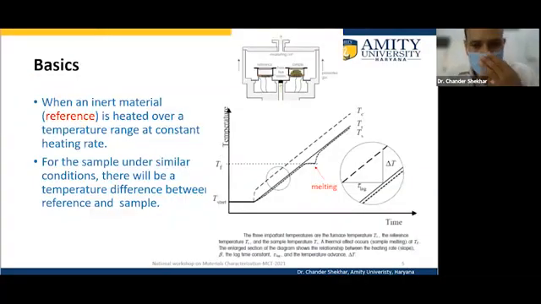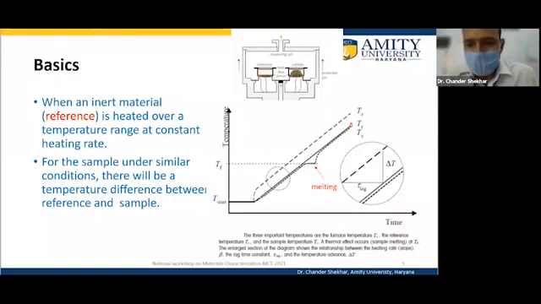Okay, now if you simply take an inert material and heat it at a predetermined heating rate, since it is inert, nothing will happen, and only the temperature of this particular inert sample will increase.